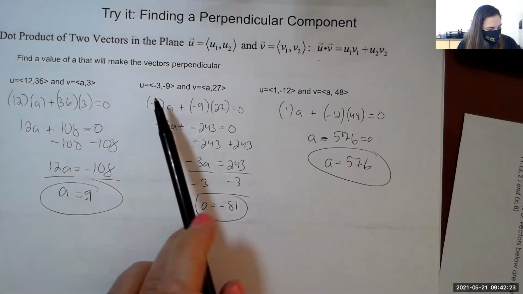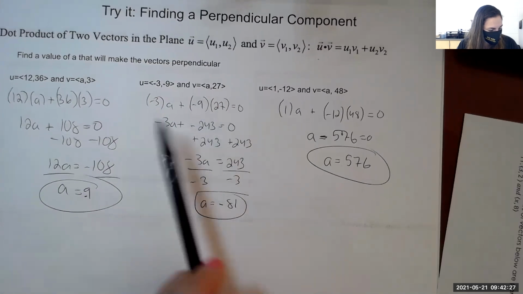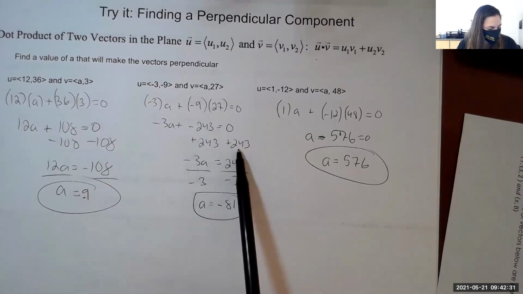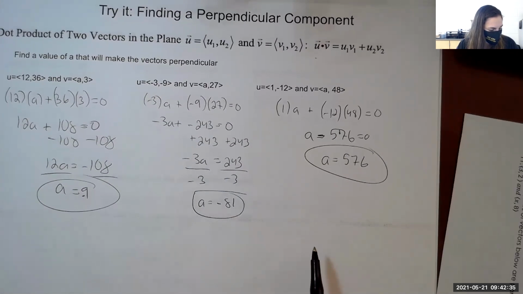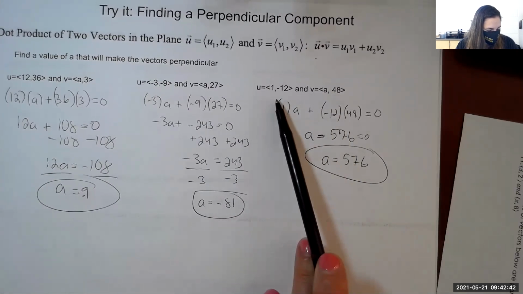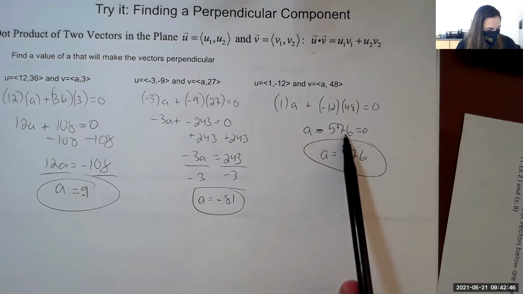And then for this right here, negative 3a plus negative 9 times 27, negative 3a minus 243. Add 243 to both sides. Negative 3a is 243. A is negative 81. And then lastly, with vector u, 1 times a plus negative 12 times 48 is 0. A minus 576 is 0.